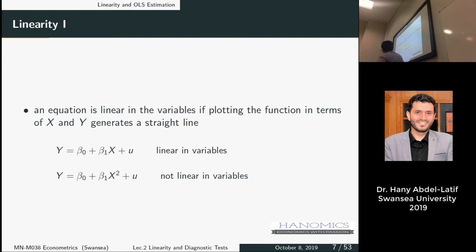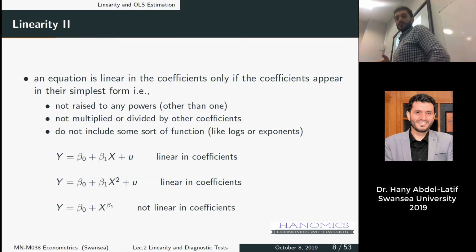Because this is x squared, if you compare this to that one, this one is linear in coefficient, so the coefficient betas are not raised to any power. This one is a quadratic function. You can see x squared, so it's not linear in variable, but if you look at the coefficients, it is linear.